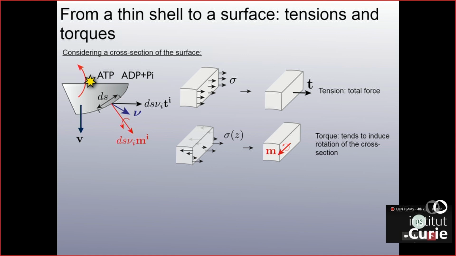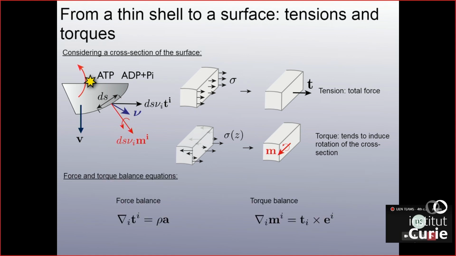What this means is that if I think about the three-dimensional object and I do a cut of the surface, there is a distribution of stress. If I sum these stresses, that gives rise to a tension. But the stresses are not necessarily the same along the cross-section, and therefore there can also be, in general, a torque that acts on the boundary, on the cross-section of the surface. So it's a force that tends to make the cross-section rotate.